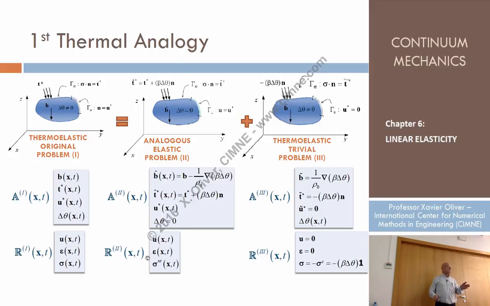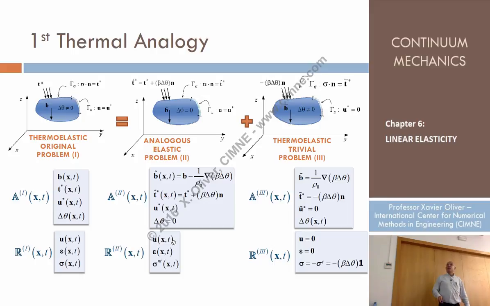We solve that problem as we are used to, using the machinery that we have available, and then we have to add to that solution a correction. What you have to correct and what you have to add depends on the analogy. In the first analogy, you have to correct the body forces and the tractions in terms of something that you know and that depends on temperature. Of course, if there is no temperature, the corrections are zero.